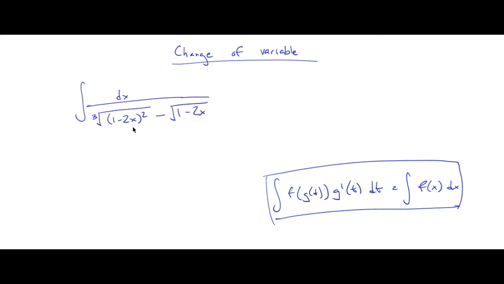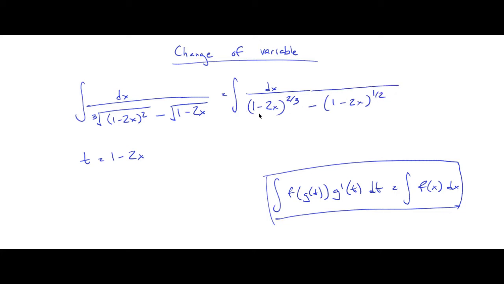In this case it's obvious that we want some expression depending on 1 minus 2x. You can rewrite this as dx divided by (1 minus 2x)^(2/3) minus (1 minus 2x)^(1/2), right? So we want a t such that when you substitute it here, you get rid of the roots.